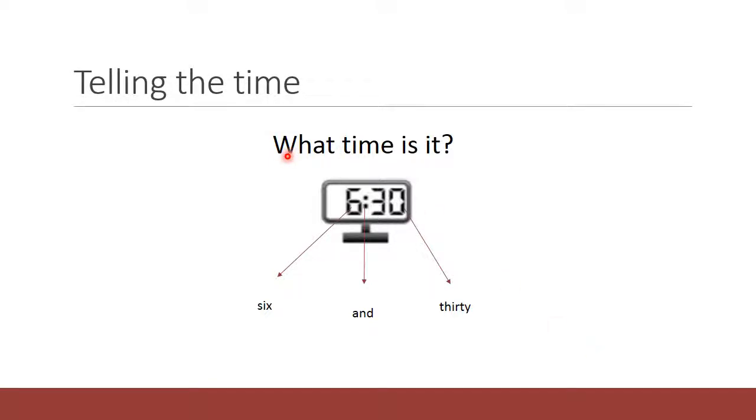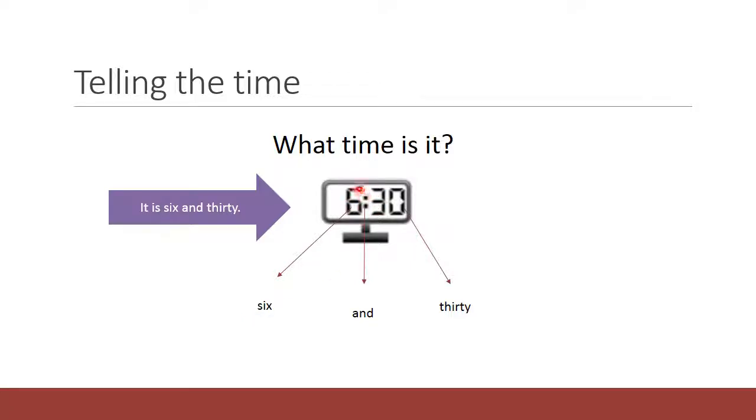Telling the time. What time is it? Now we're going to check two different ways to tell the time using this digital clock. Okay, in this example, we are going to read the time from left to right. It is 6:30. So when we read the time from left to right, we read the first number, in this case 6.